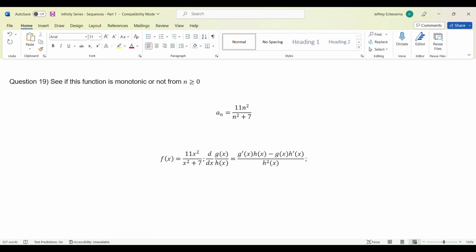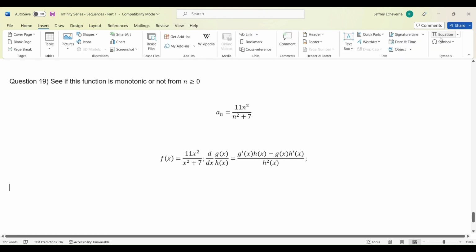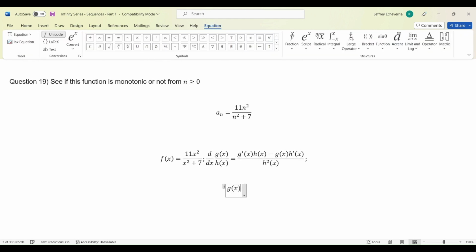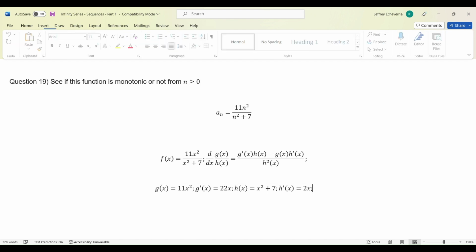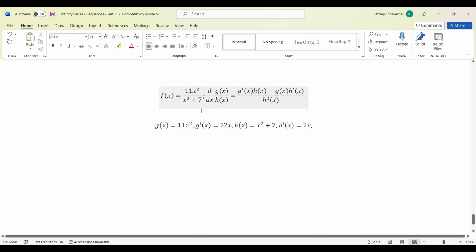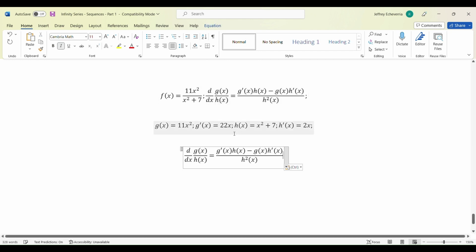So let's set g of x equal to 11x squared, so g prime of x equals 22x. H of x will equal x squared plus 7, and finally h prime of x equals 2x. So now we'll start plugging in.